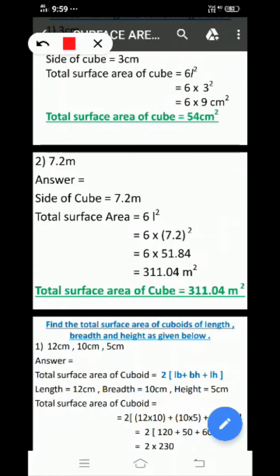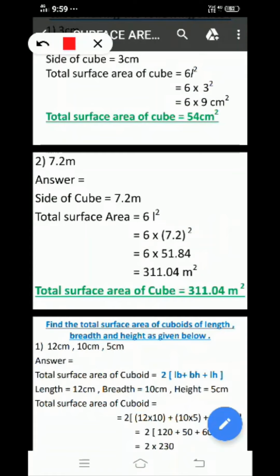Therefore I wrote 51.84. Now simply multiply with 6 and your answer is 311.04 meter square. Here square is there, that's why you must write square.